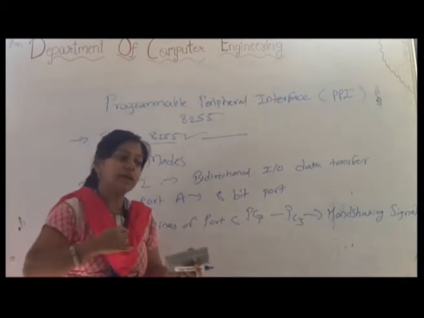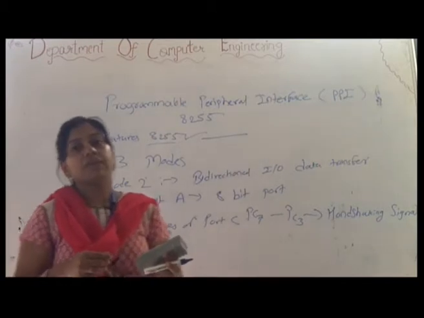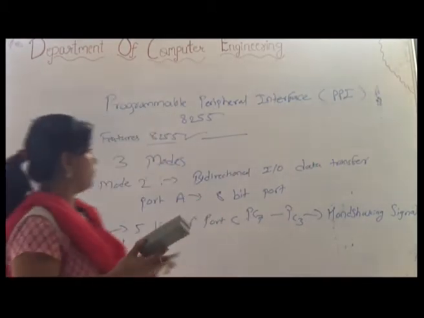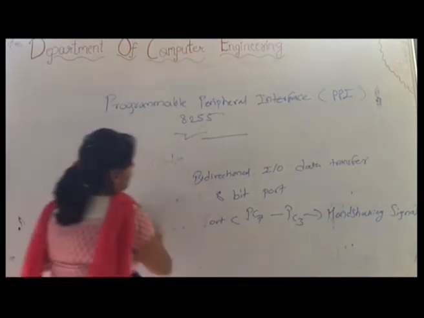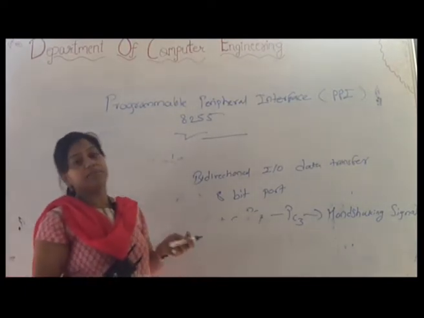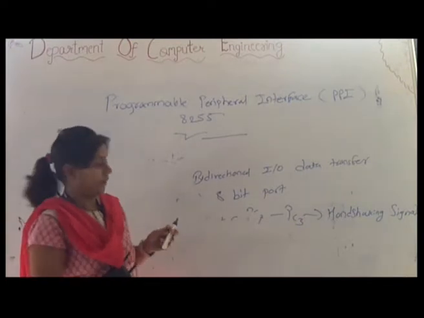Okay, now we will see in detail the pin configuration, the pin diagram of 8255. First I will draw the 8255 pin diagram, and after that I will explain each pin of 8255 in detail.